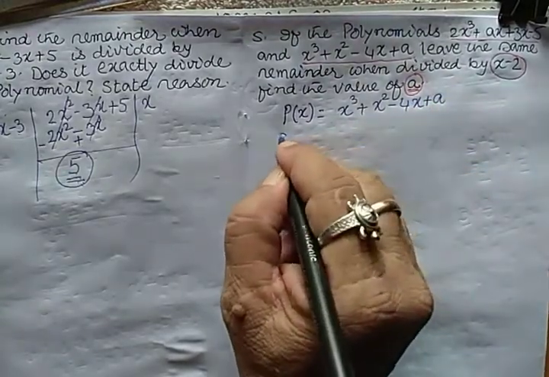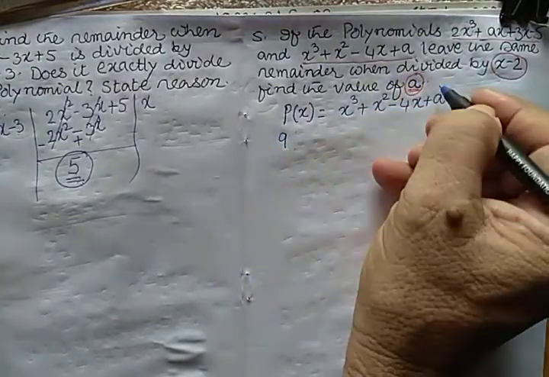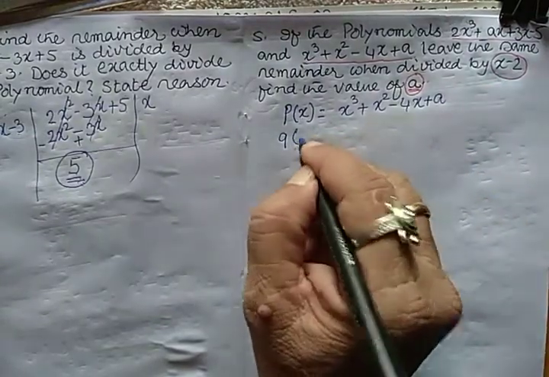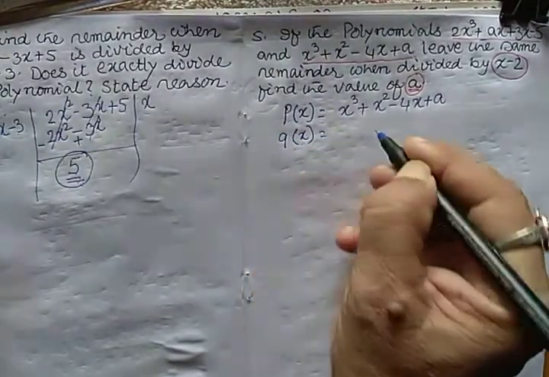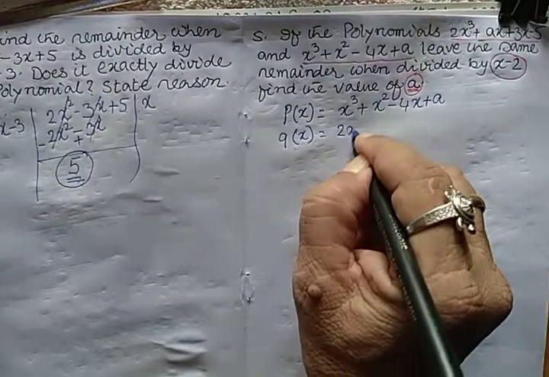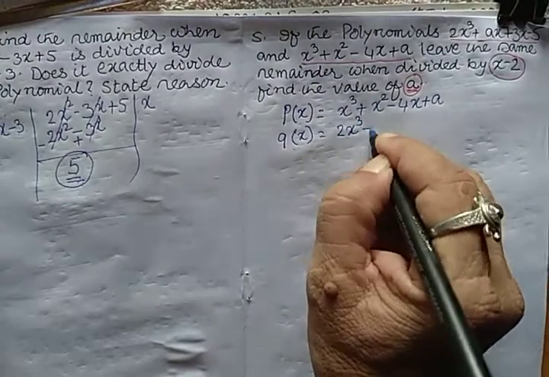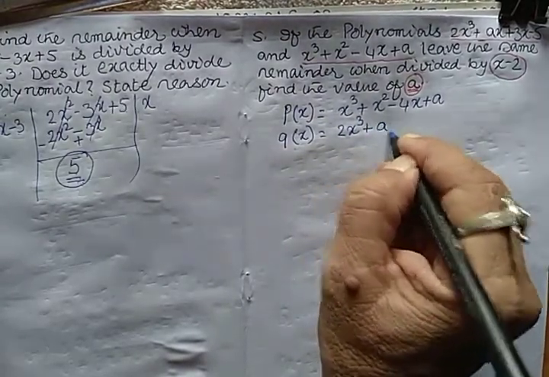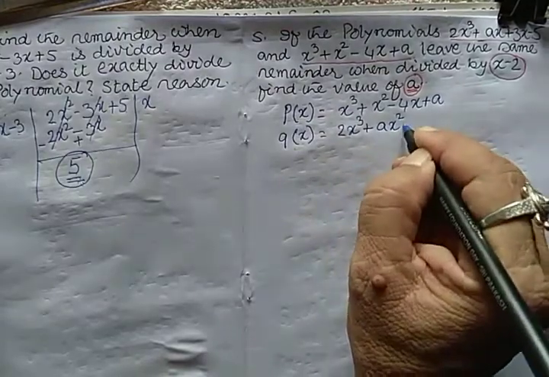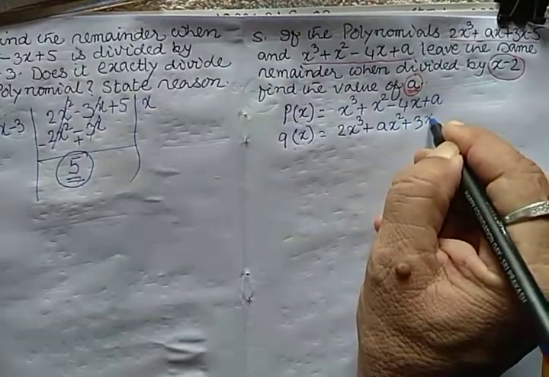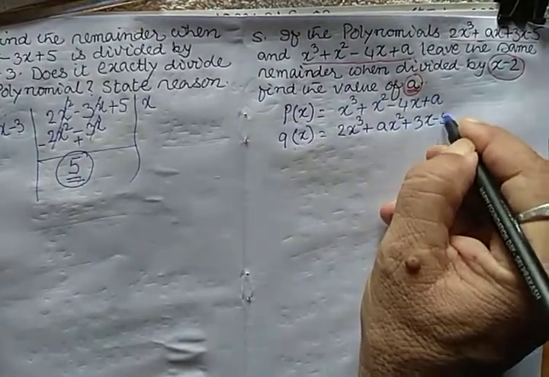And let us denote the second polynomial by q(x). What is that? 2x cube plus ax square plus 3x minus 5.